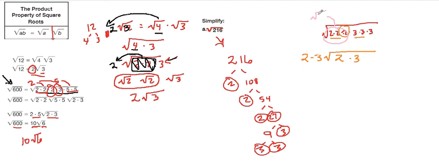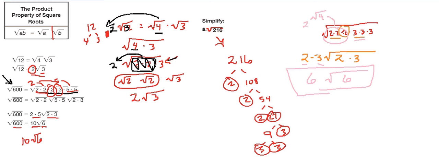I pull out the square root of 4, the square root of 2 times 2, which is 2. And then same goes for this. If you see the pair, you only write one of them on the outside. That's what it's really worth. 2 times 3 is 6. Under the radical, 2 times 3 is 6. Final answer is 6 times the square root of 6.